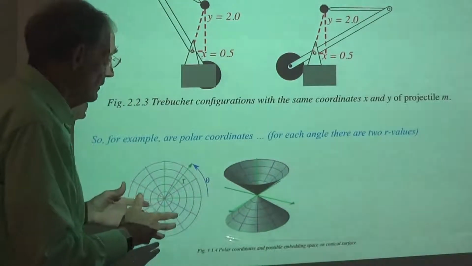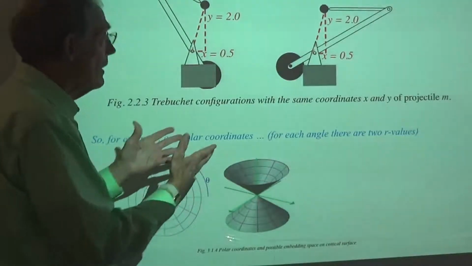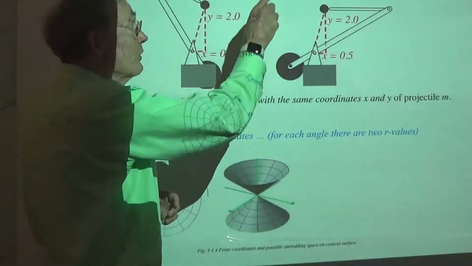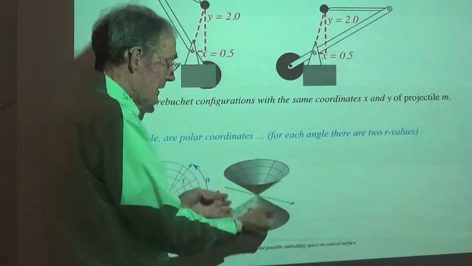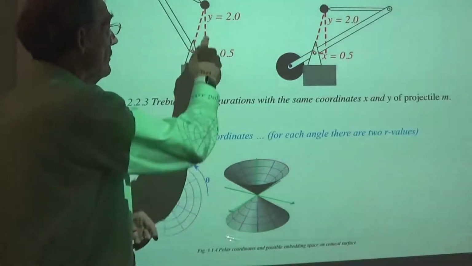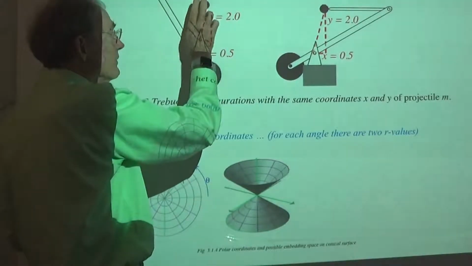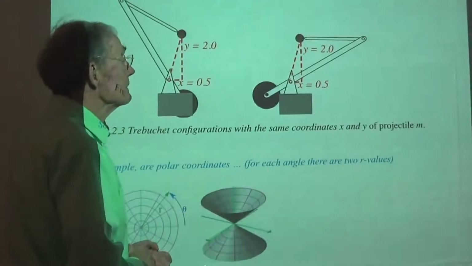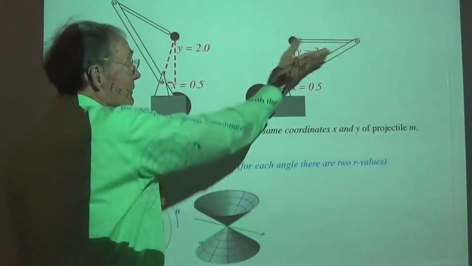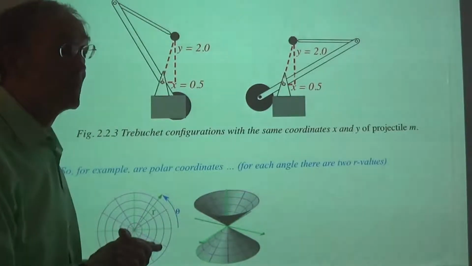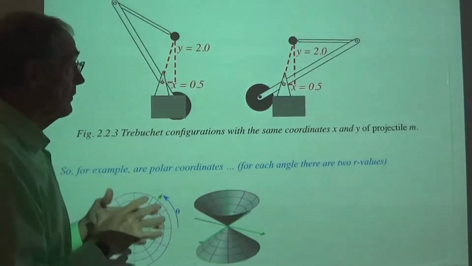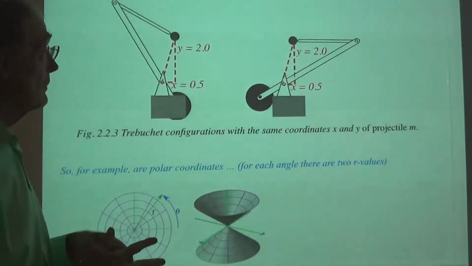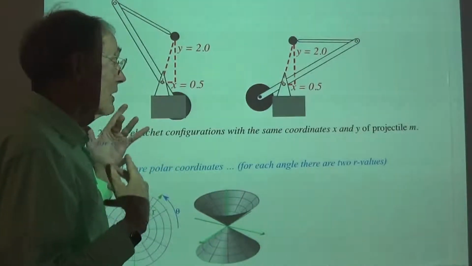So really the Trebuchet is double valued. It belongs to two distinct manifolds, a top and a bottom. This guy right here is in exactly the same Cartesian position as this guy. But you can see the beam is in a very different place. So this is part of that thing that happens with, and it's really annoying when it happens with wave functions, but you got to get used to it.